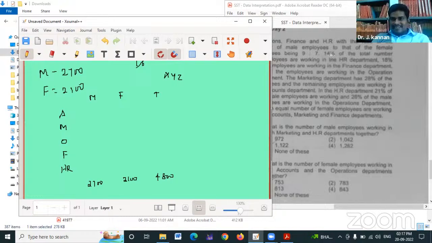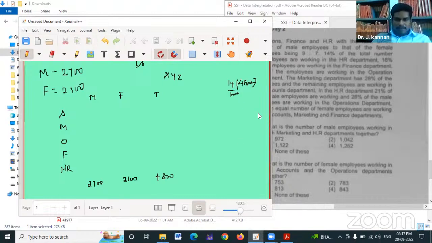First condition: 14% of the total number of employees are working in the HR department. Overall 4,800, so 14% of 4,800 means 48 times 14. 48 times 14, 4 times is 192, so the answer is 672.